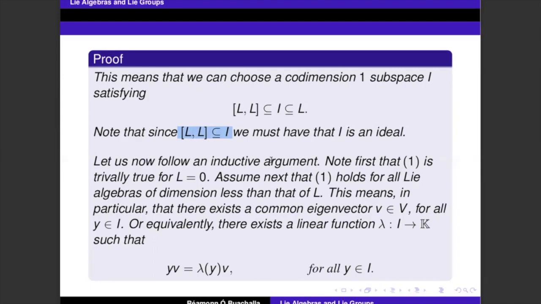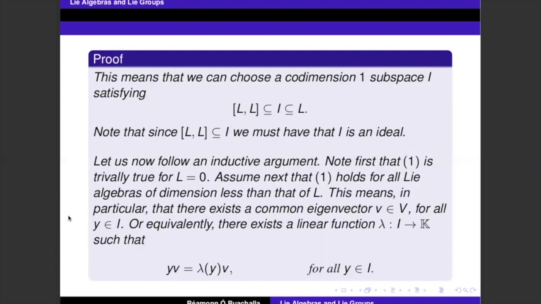It would mean that the bracket of L and I is contained inside I. But the bracket of L and I has to be contained inside the bracket of L and L, which is contained inside I, therefore it has to be an ideal. So all this means in total is that we can choose a codimension 1 ideal containing the bracket of L and L.